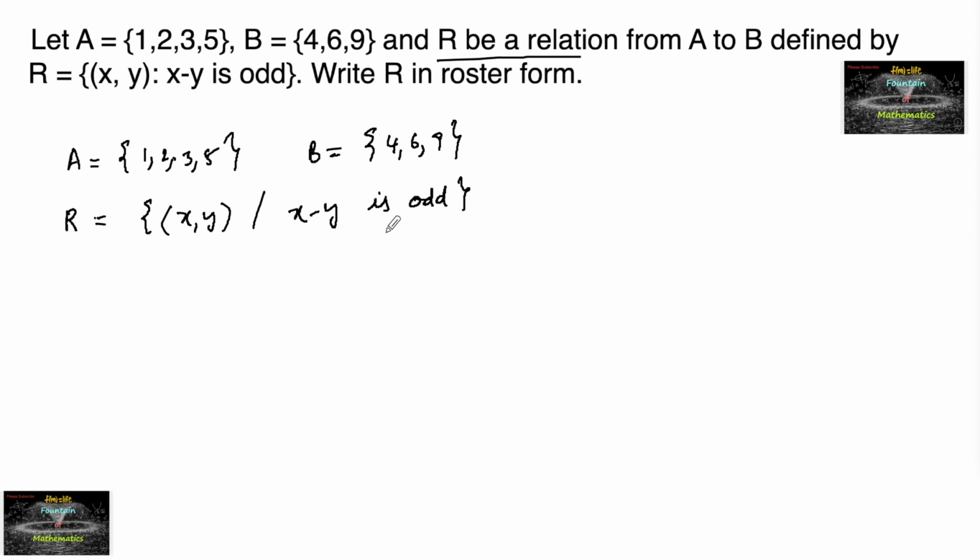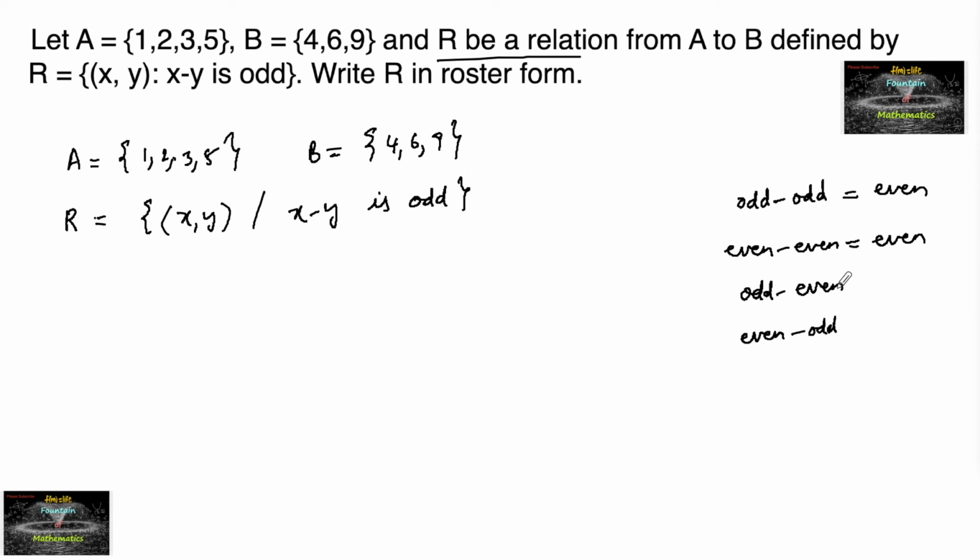Since we know that the difference of two numbers is odd only when one of the numbers is odd and one is even. That means odd minus odd will become even, or even minus even also will become an even number, and odd minus even or even minus odd, with the difference of even and odd only we will get odd numbers.